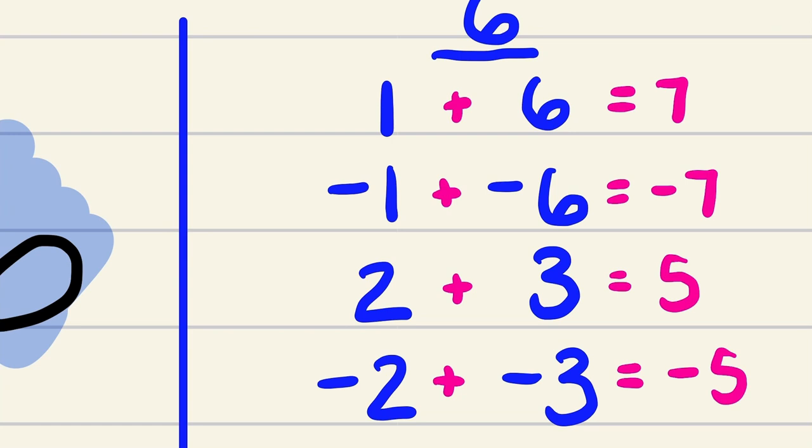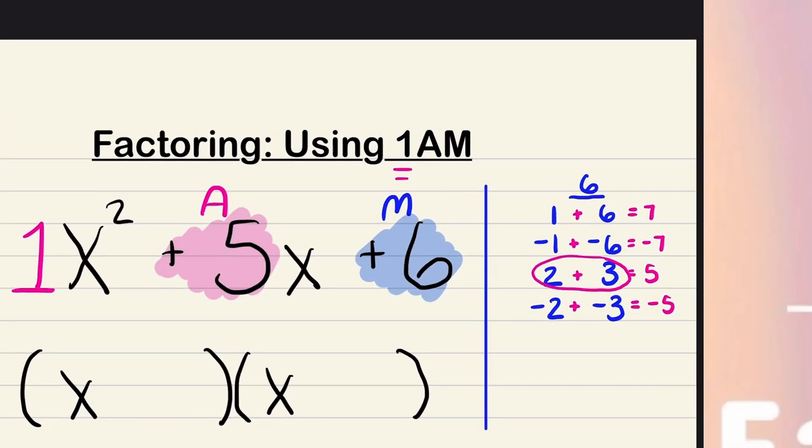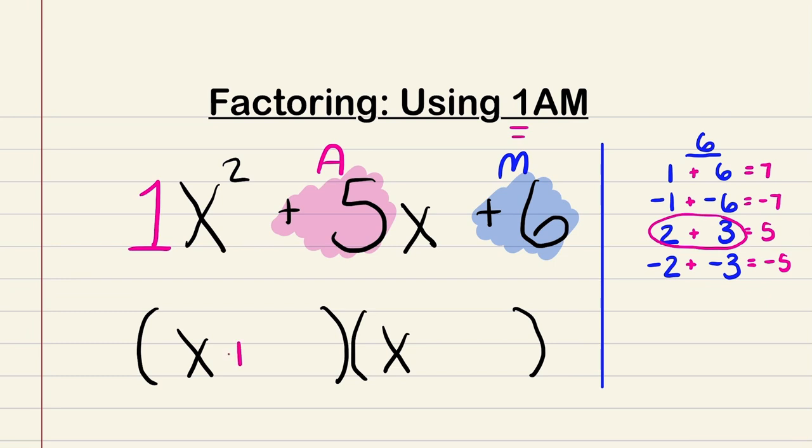Which set of factors is going to add to 5? 2 and 3. So I'm just going to put plus 2 because it's positive and plus 3 because that is positive as well into my factors. So x squared plus 5x plus 6 can be broken into a product of two binomials, them being x plus 2 times x plus 3.